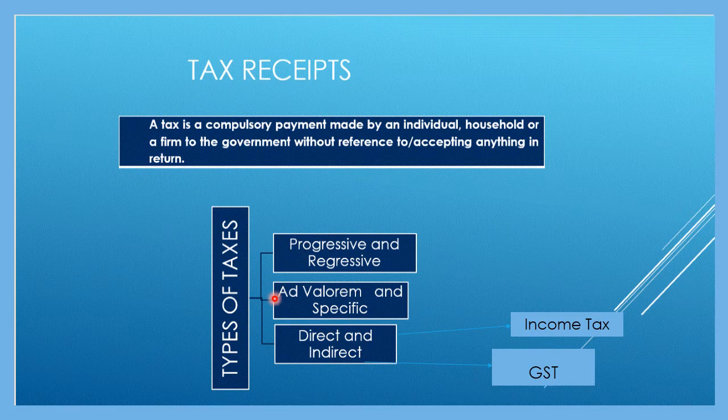There are ad valorem or VAT taxes. There is the specific tax. There are indirect taxes and direct taxes. An example of the direct tax is income tax, and an example of indirect tax is the goods and service tax, which we commonly refer to as GST. Let us go on to the next slide.